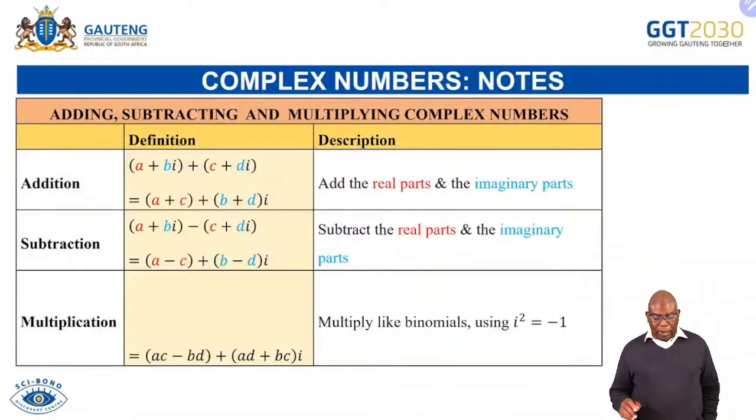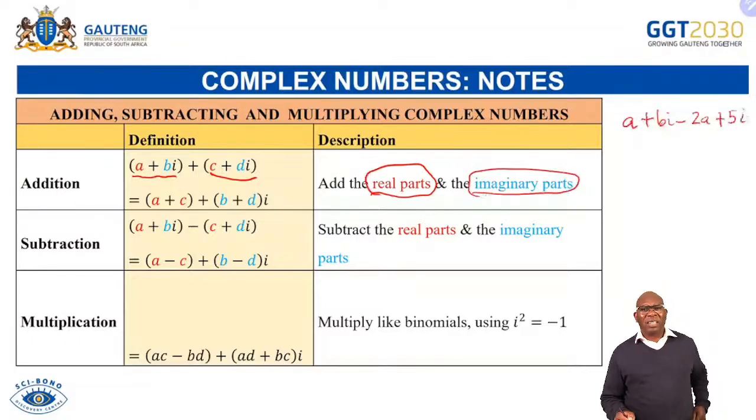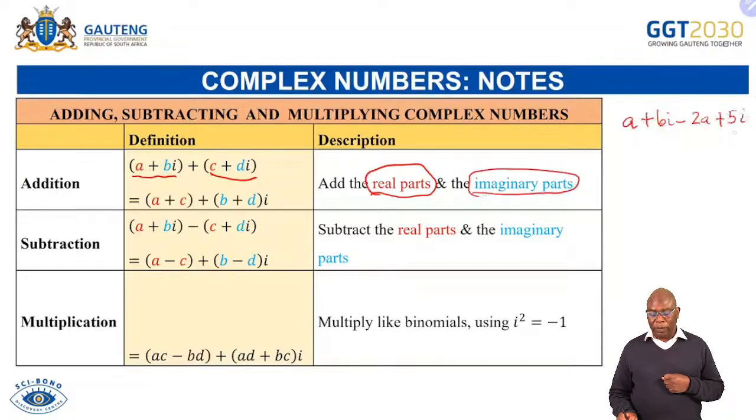In the next slide, the adding and the subtraction, very, very important. When you add and subtract, I add the real parts together and the imaginary parts together. I cannot add everything, for example A plus BI and 2A plus 5I. No, no, no. The real parts will be added together and the imaginary parts will be added together. In this case, I just wanted to write maybe 5BI.